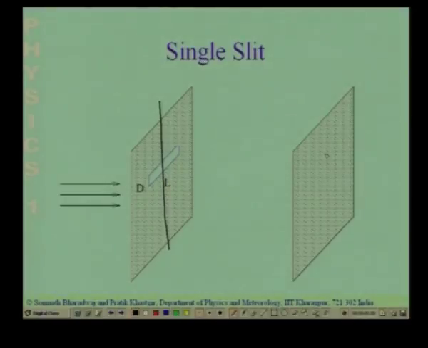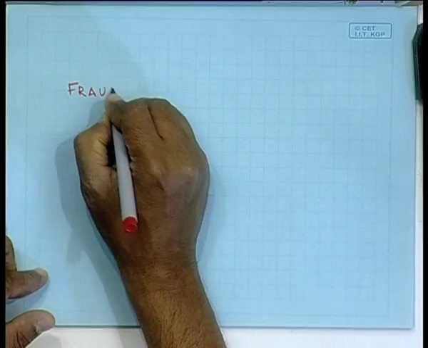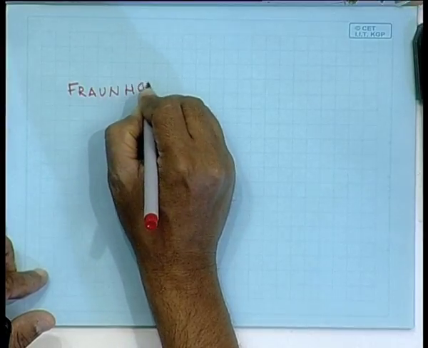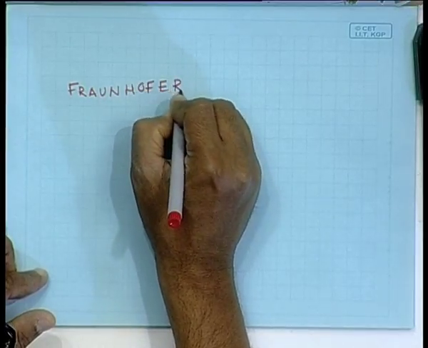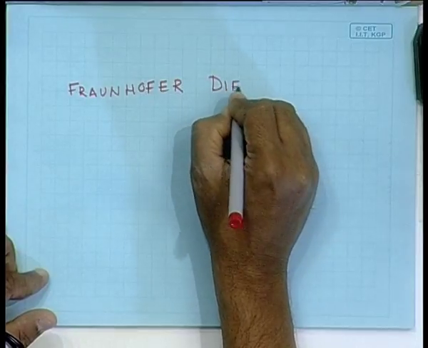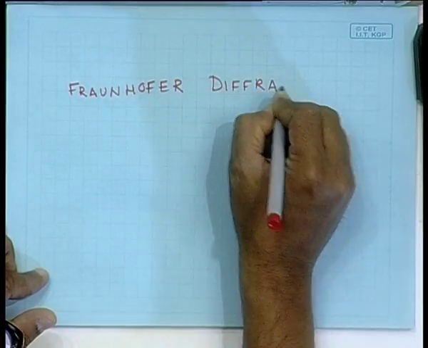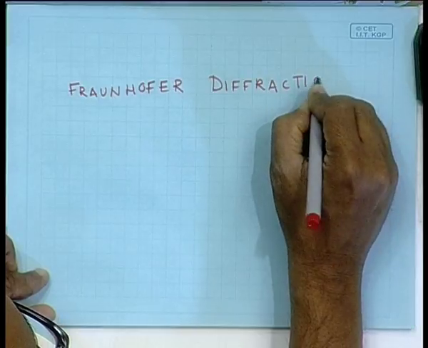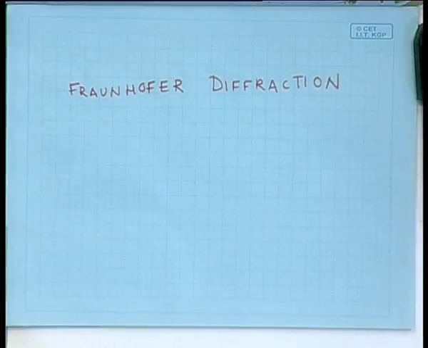This situation, where the whole diffraction problem can be thought of in terms of only plane waves, is referred to as Fraunhofer diffraction. And we shall be restricting our analysis to only this situation.